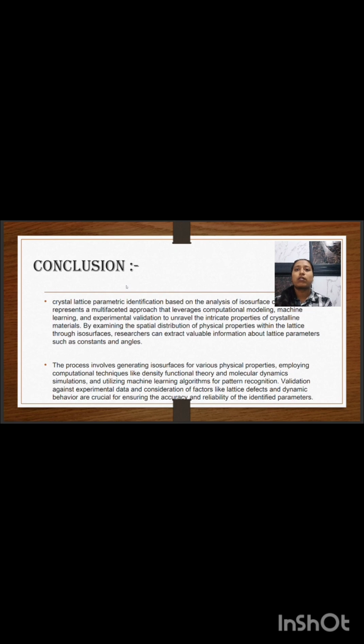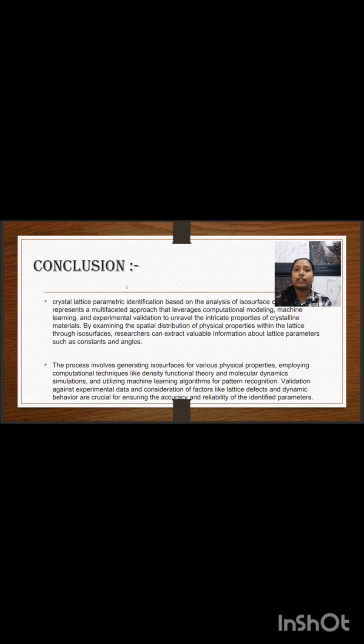The process involves generating isosurfaces for various physical properties, employing computational techniques like density functional theory and molecular dynamics simulation, and utilizing machine learning algorithms and pattern recognition.